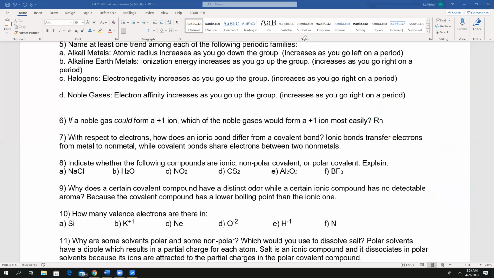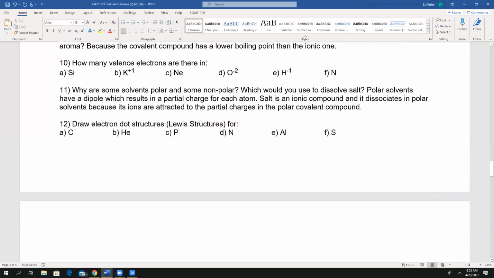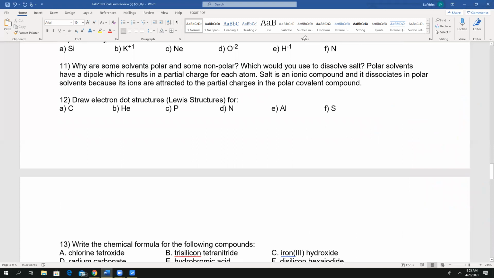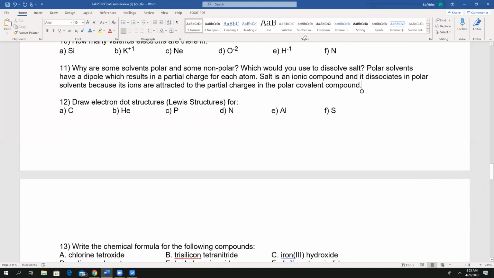Next. Okay, what do we have next? Draw the electron dot structures for each one of those. This is like the easiest thing in the world to do. All you have to do is redraw, let me do that in blue, redraw your elements.